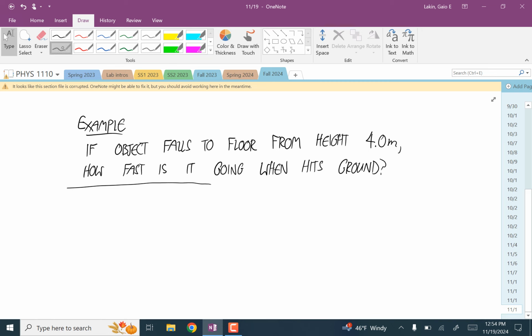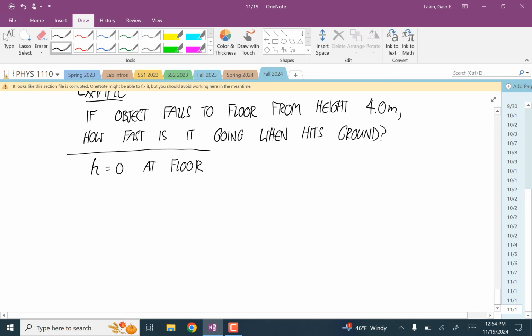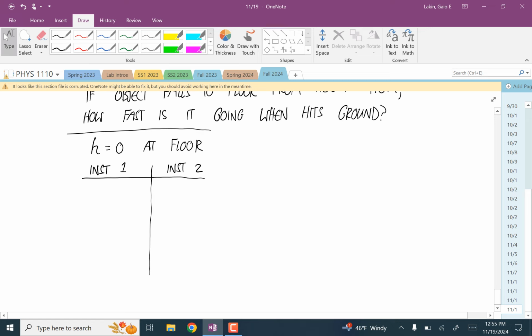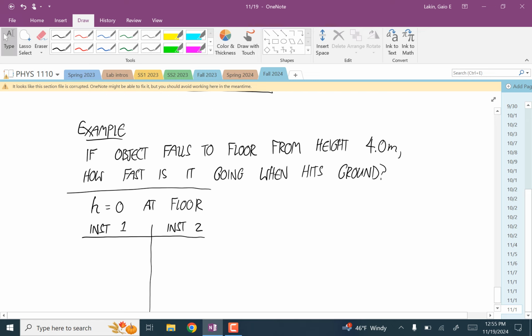All right, well, I'm going to set my h equals 0 at the floor. And then I'm just going to write out sort of a table where the left side is the starting instant. So this is my instant 1. And the right side is my later instant, instant 2. So at instant 1, this thing is at a height of 4 meters.